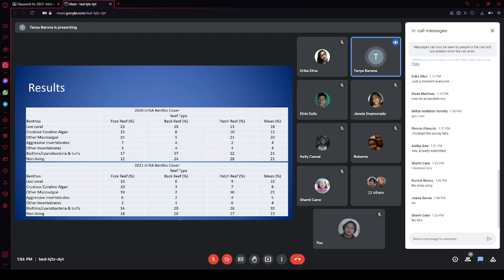So using our line transit and collecting at every 7 centimeters, we were able to determine last year that live coral cover was at 18%, and in 2021 it dropped to 10%. Crustose coralline algae, this is the one that I told you is important for coral recruitment. That was at 12%, and that too dropped to 8%.